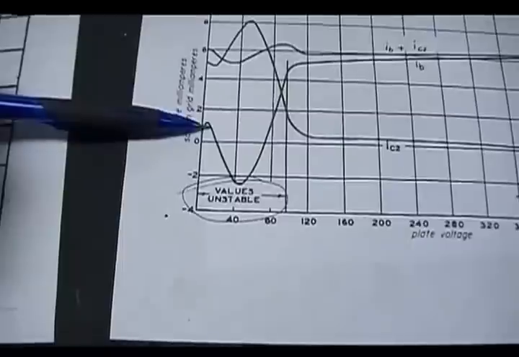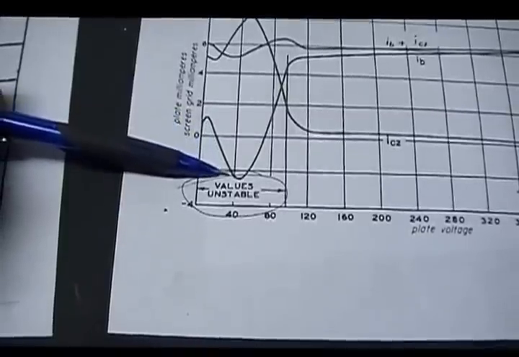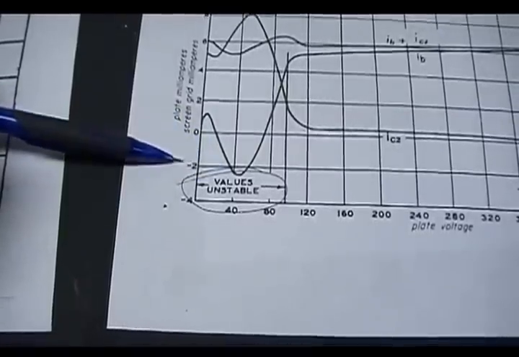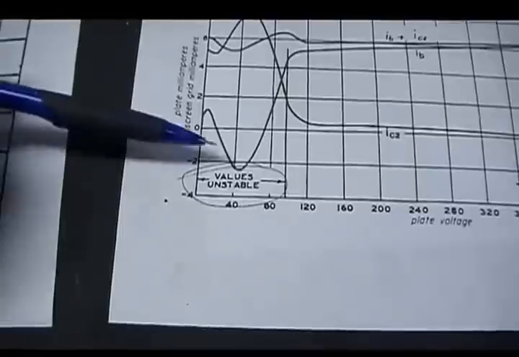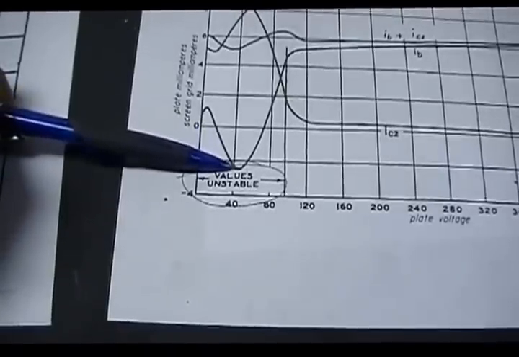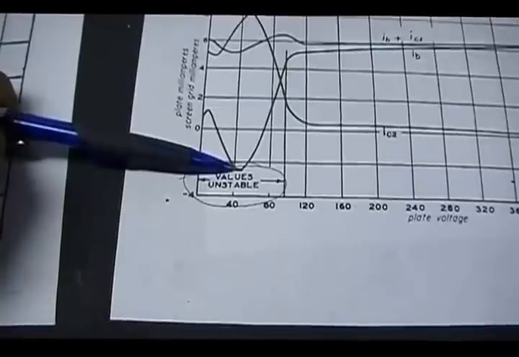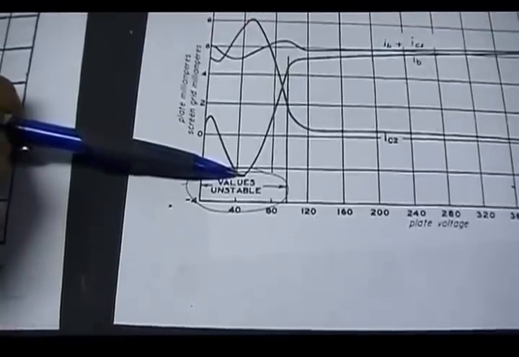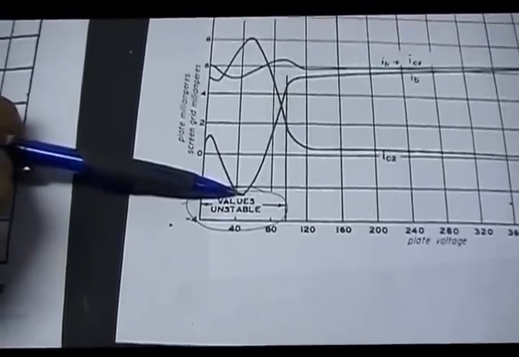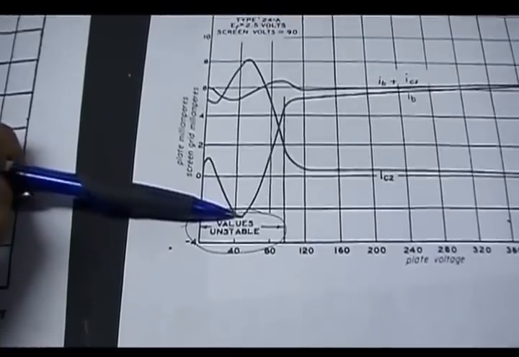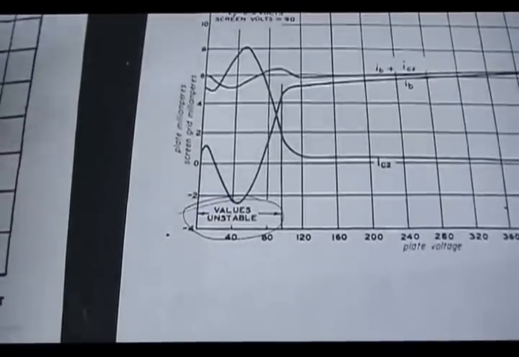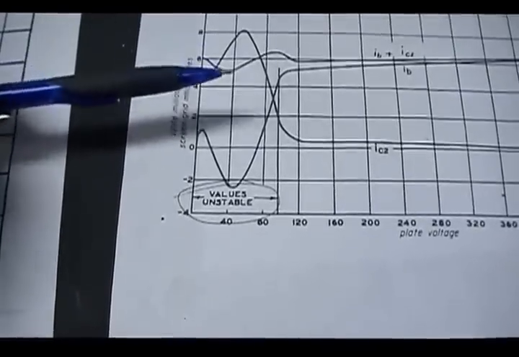It goes up early on and then drops down all the way down here. Here's negative current. The current has reversed in the plate at around 50 volts on the plate. It is actually acting as a cathode instead of an anode. So we're getting a flow of electrons total opposite direction they're supposed to.